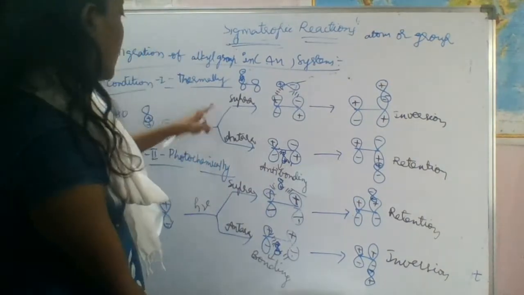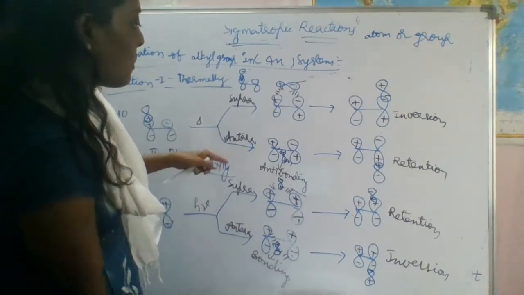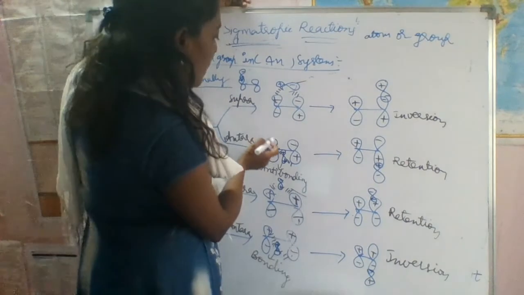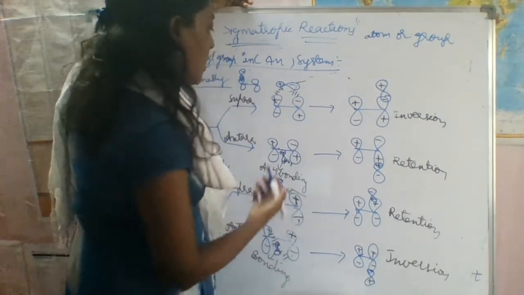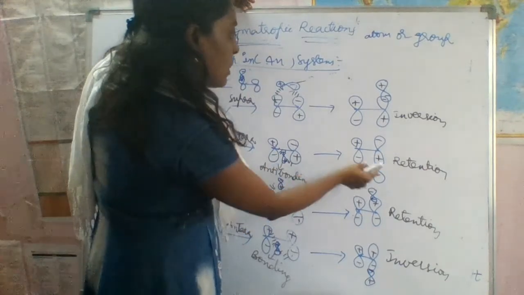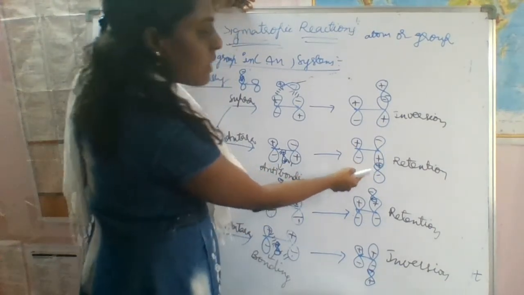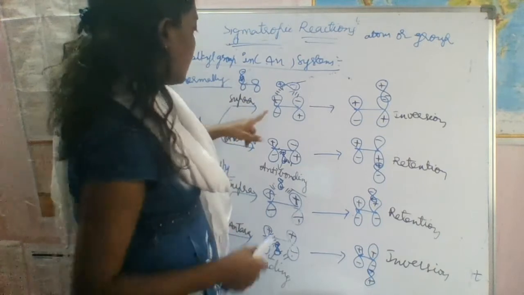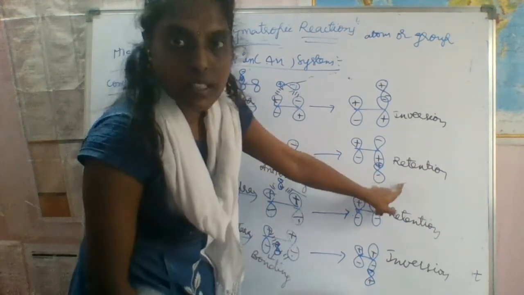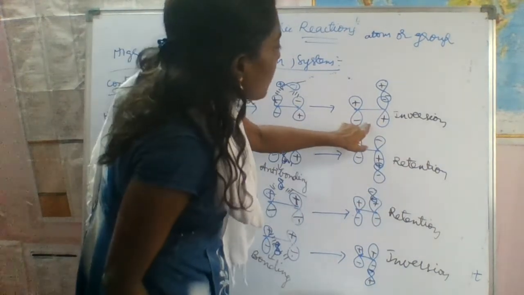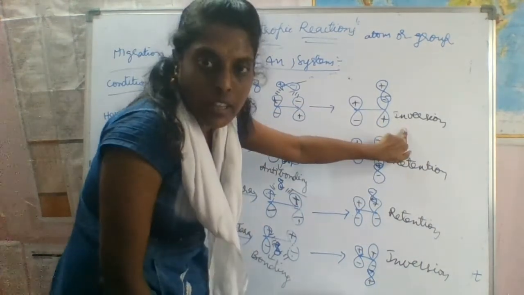So that's why it is called inversion of configuration in this manner. If it approaches in an antarafacial manner, what is the configuration? If you see here, it will get this plus minus, so it retains the configuration. Retained configuration is there, but here this is the inversion configuration.